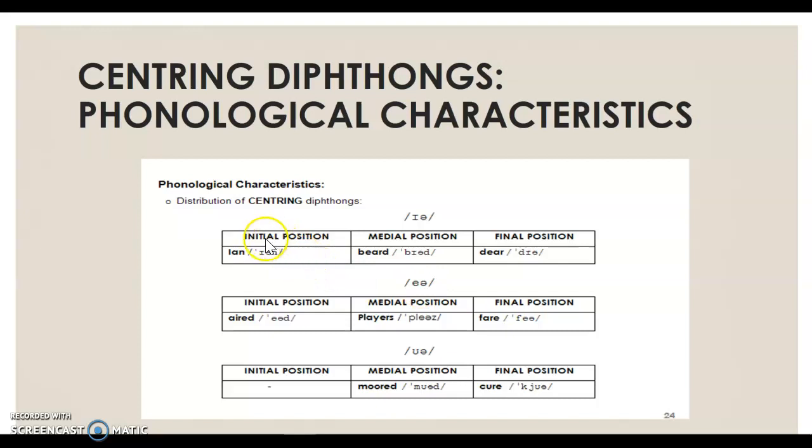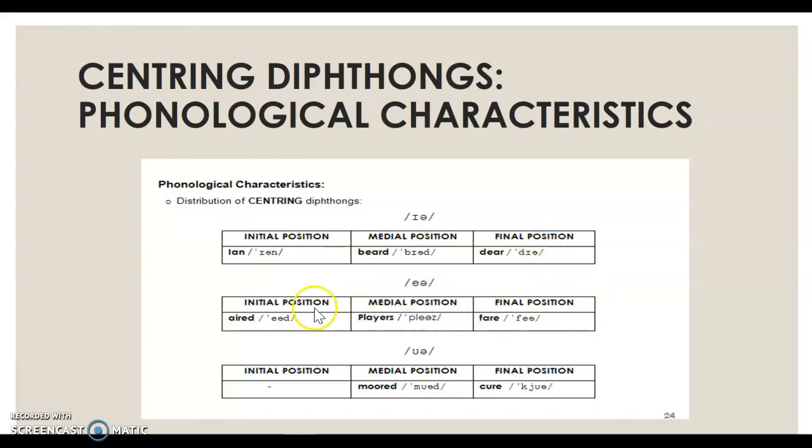We say that this is initial position because there's no consonant element before the diphthong. We say this is medial position because there are consonants before the diphthong and after the diphthong. We say this is in final position because after the diphthong we do not find any consonant sound.